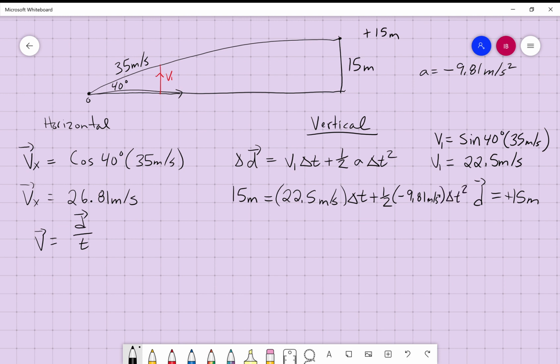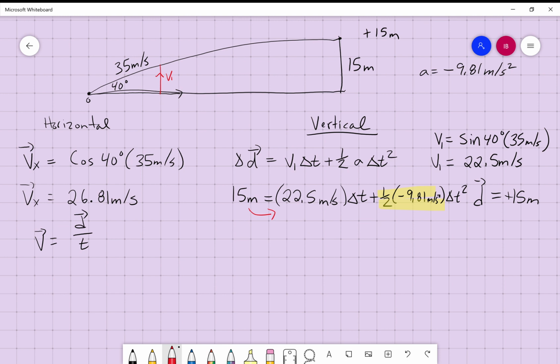Now, how do we find out our time from this? If I change it mathematically, it's something we reviewed yesterday, our lovely quadratic formula. So I'm going to change all of this around so it looks like a quadratic. I'm going to simplify this and move this over to this side.